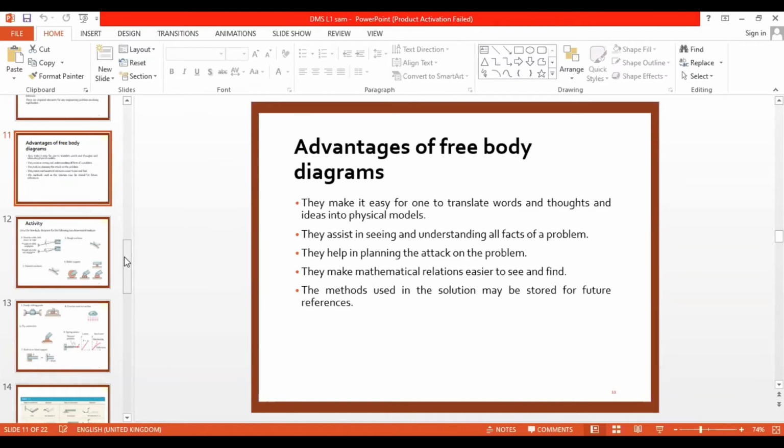They assist in seeing and understanding all facts of a problem, right? So if we note all the parameters in a diagram, then we would understand if we missed any parameters, right? In that case, if we missed any parameters, then we can note them in the diagram. Then they help in planning the attack on the problem. So then we can imagine from where to start.